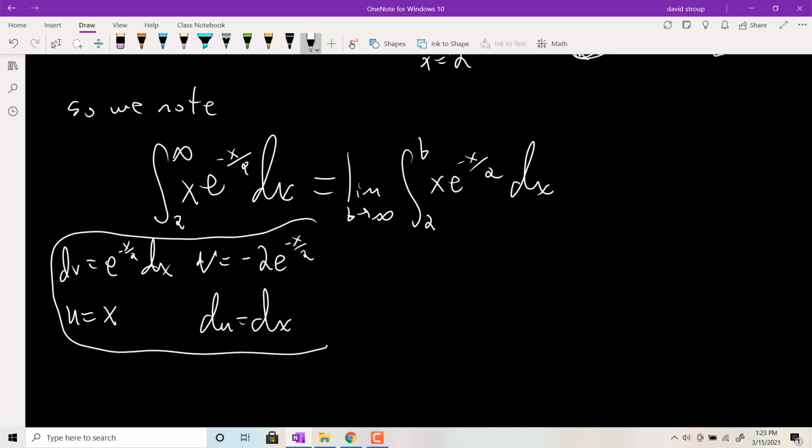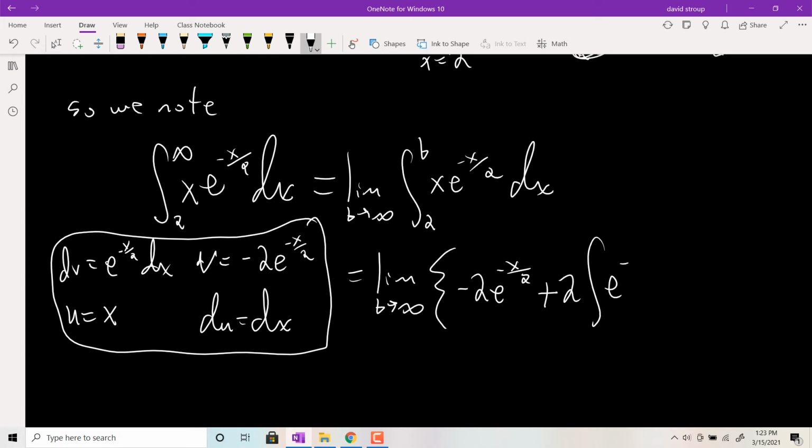Then we want to rewrite this as a limit as b goes to infinity of negative 2x e to the negative x over 2 minus, it'll become plus, the integral of 2 times e to the negative x over 2 dx.